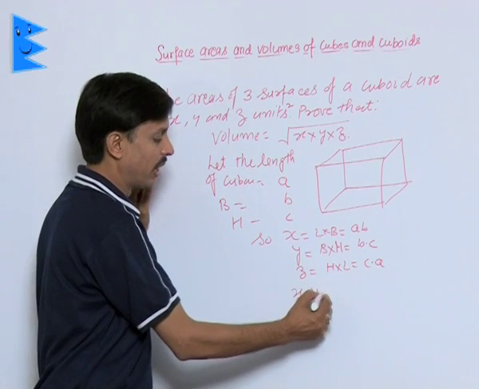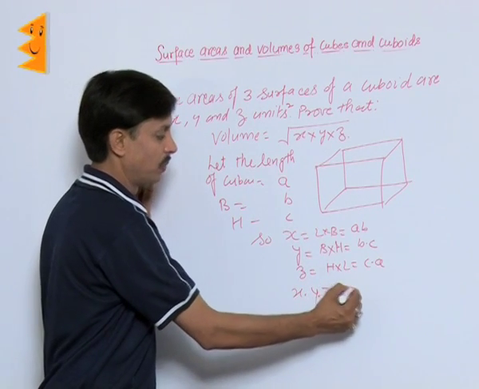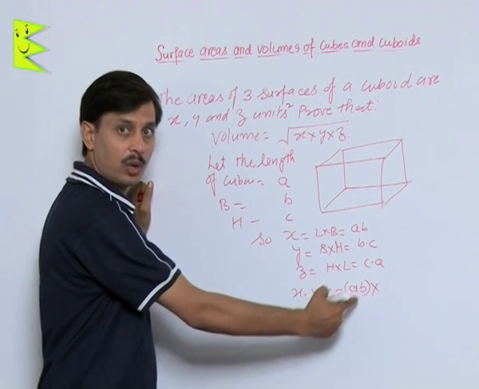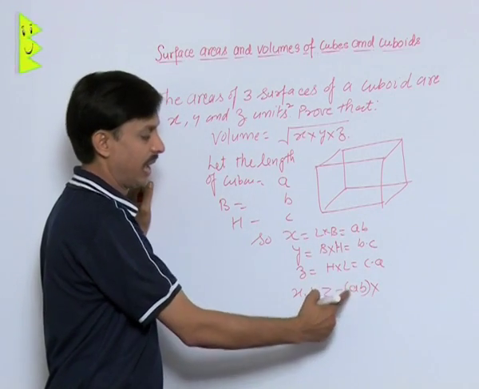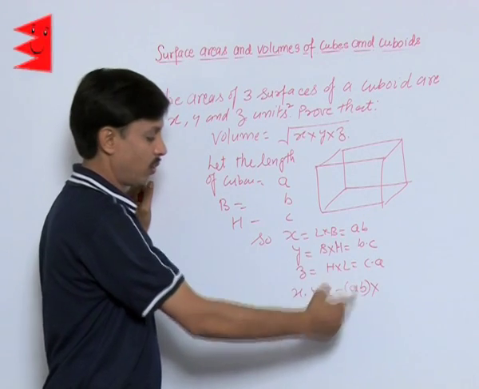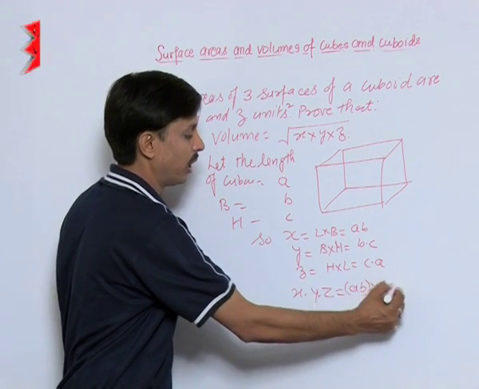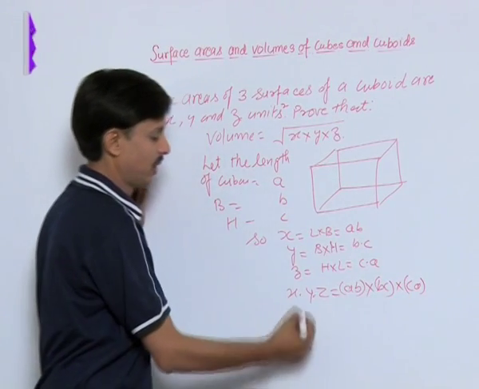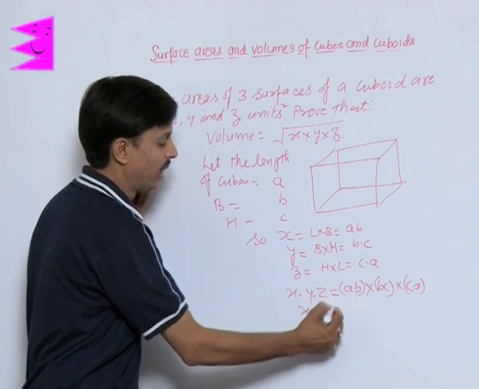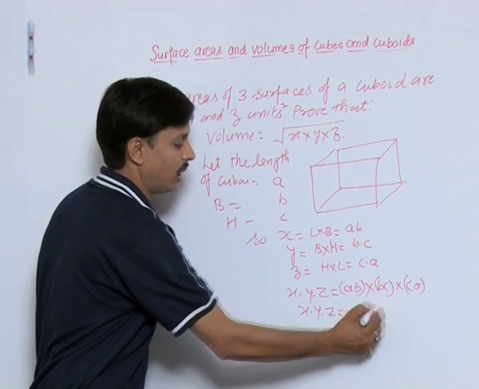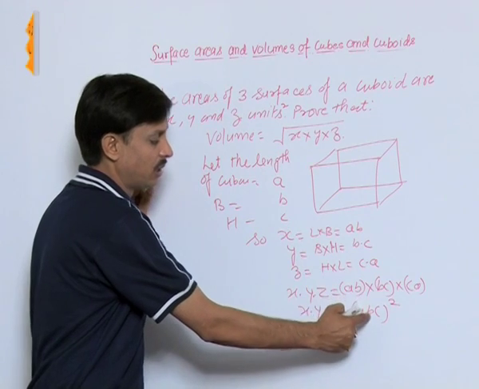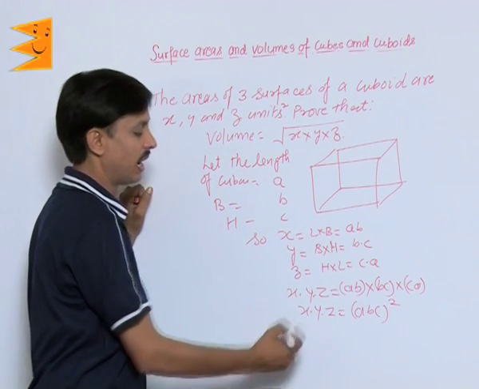Now x into y into z. x means A into B, y means B into C, and z means C into A. So x into y into z becomes ABC whole square. A is length, B is breadth, C is height.